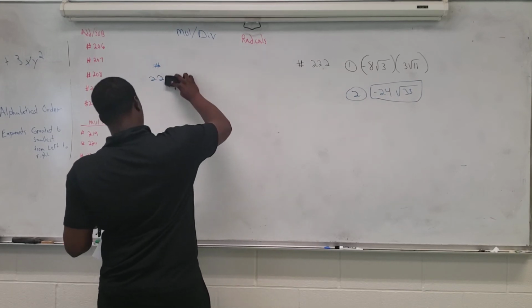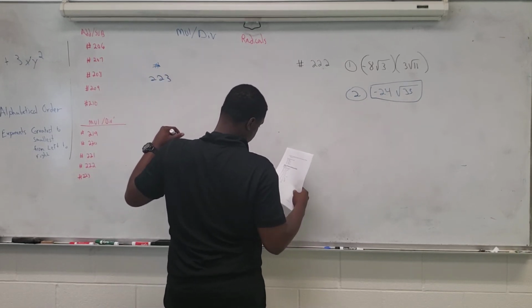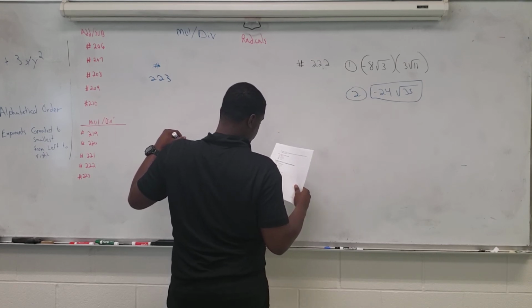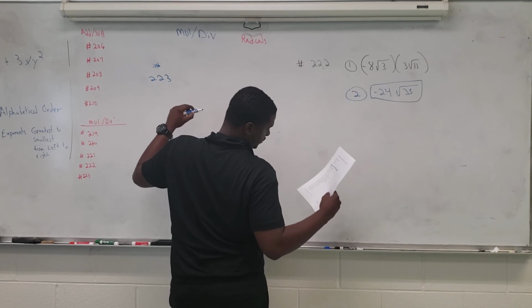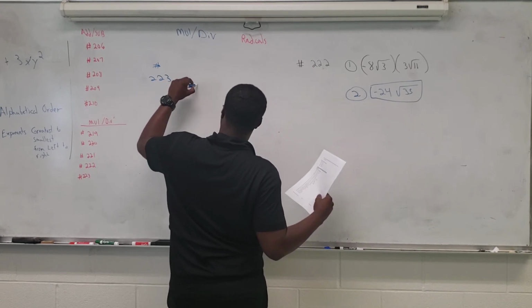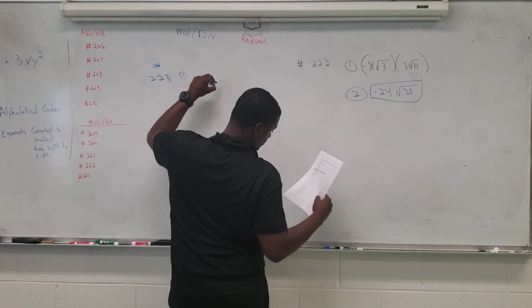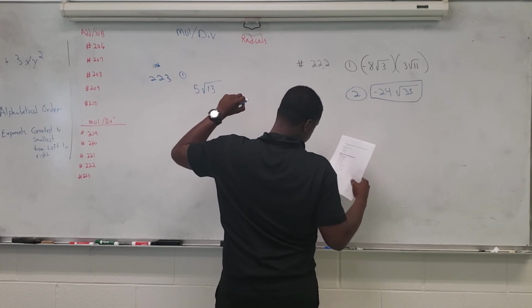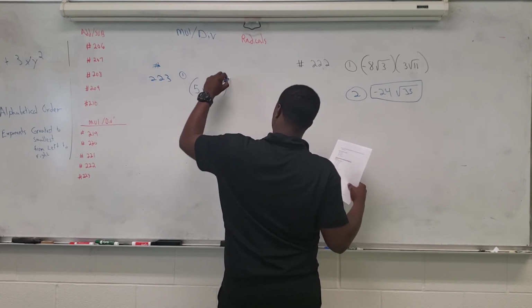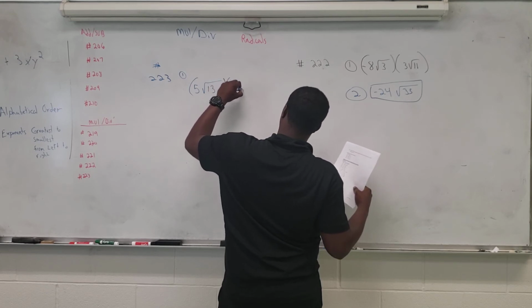Last one we're gonna go over today is 223. 5 square root of 13 minus 2 square root of 12.